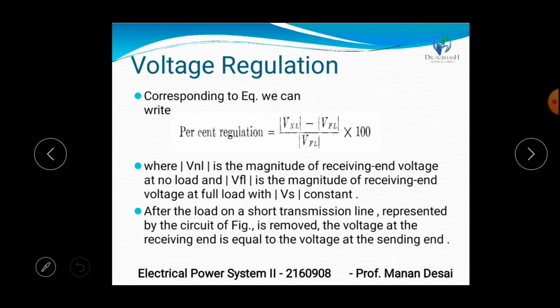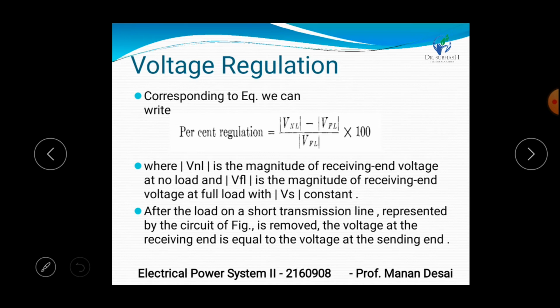Now we come to regulation. Do you know the meaning of regulation? The regulation is the voltage variation from no load to full load.